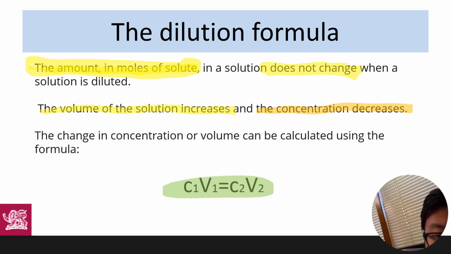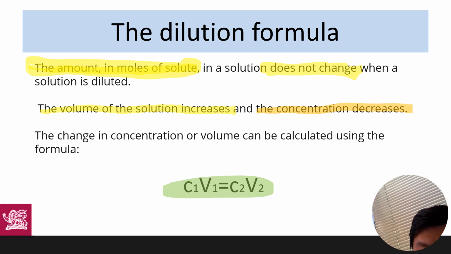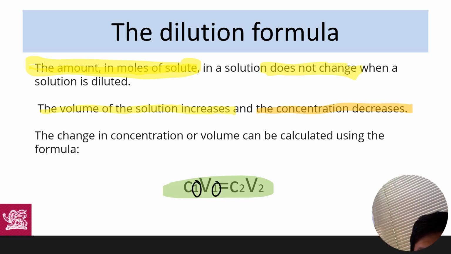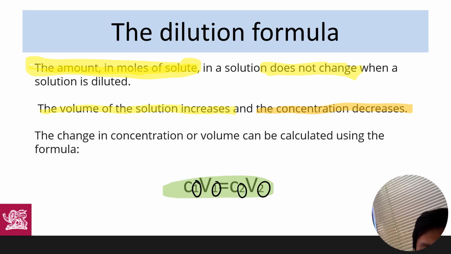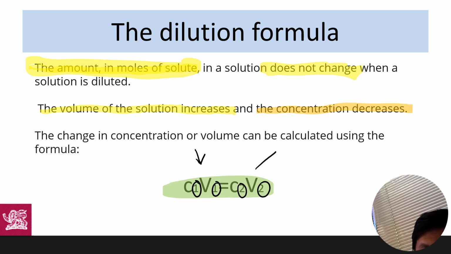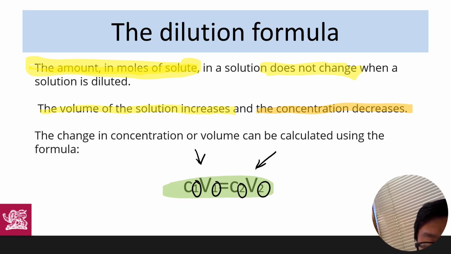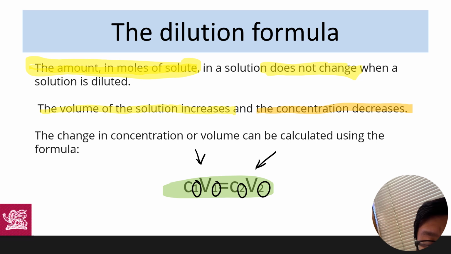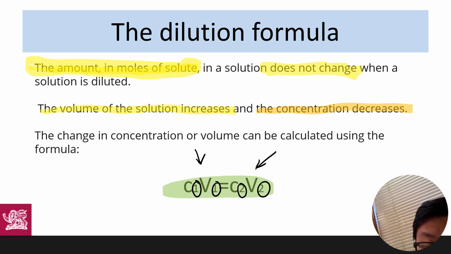I will try and explain it again, but if you don't understand why this formula works, what you need to know is how to use it correctly. So what we want to highlight here in the formula is the subscripts 1 and 2. Because we're looking at the concentration and volume before and after dilution, it's important that you use the numbers correctly.